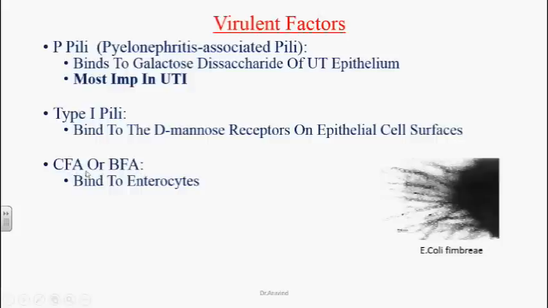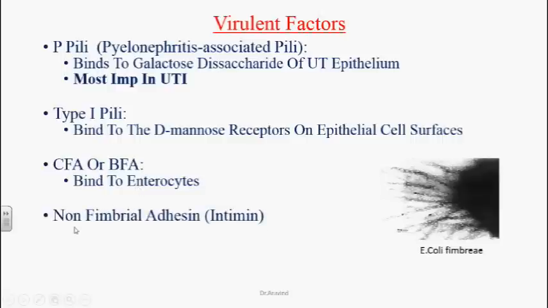They are groups of fimbriae or pili which help in attaching to the enterocytes, and many such pili are seen on E. coli.